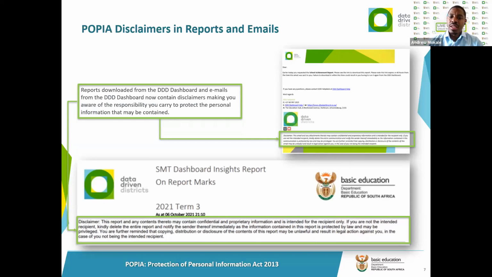You will see there with the images that are displayed, top right there, the email that you will receive will be having a disclaimer at the bottom there, and any form of report that you download from the dashboard will also have a disclaimer as displayed here with the example of the SMT Dashboard Insights report.